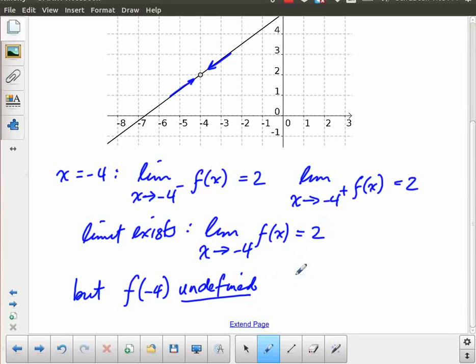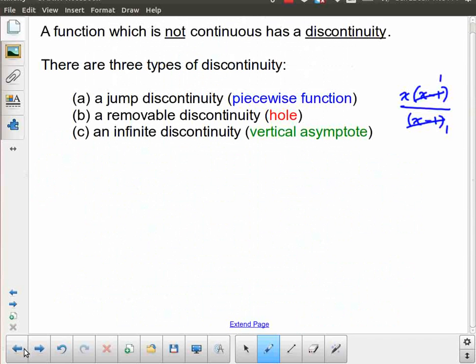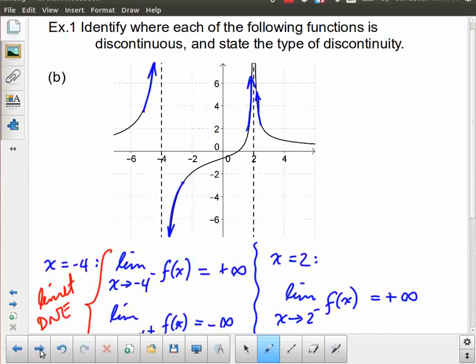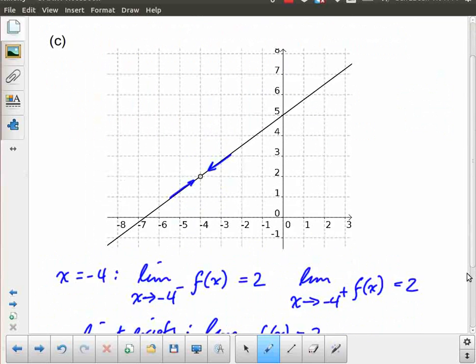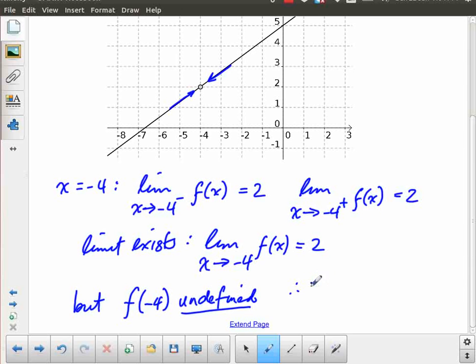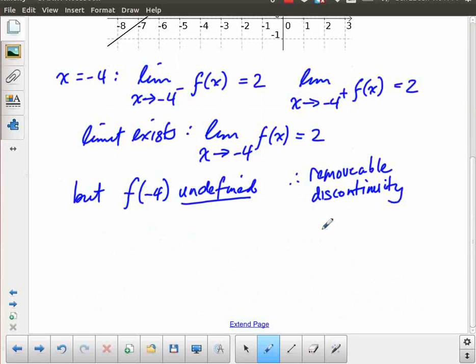The bottom line is, if we go back and take a look at our terminology, in the presence of a hole, we have what's known as a removable discontinuity. So therefore, we have a removable discontinuity at x equal -4.